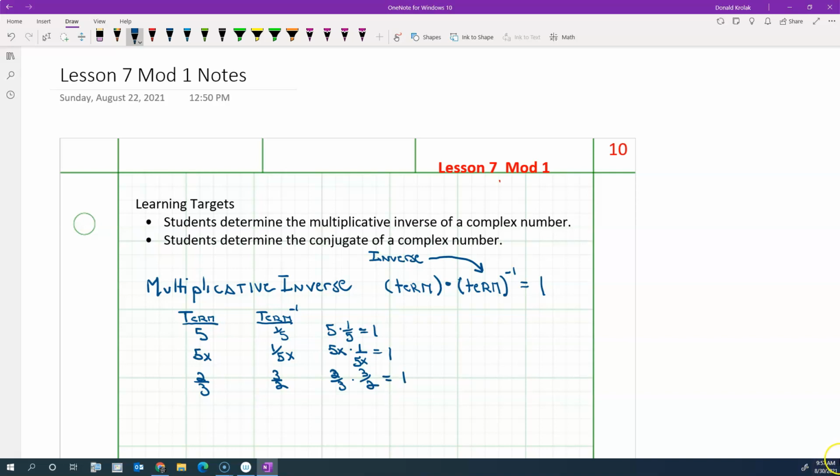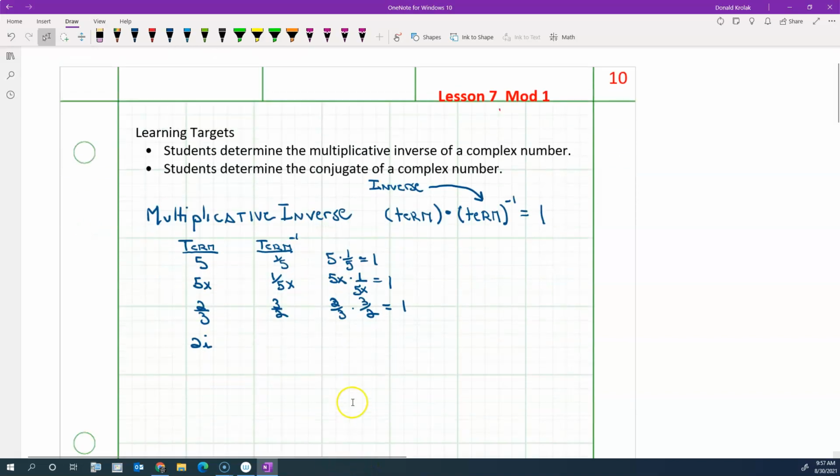So then it comes down to, well, if you had an imaginary number, what would be its multiplicative inverse? Okay, so let's say you had like 2i. All right, so when we get the multiplicative inverse, that's these guys right here, and we multiply the original by their inverse, we always get 1.